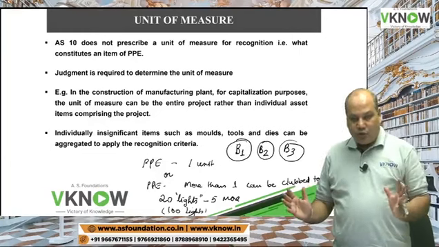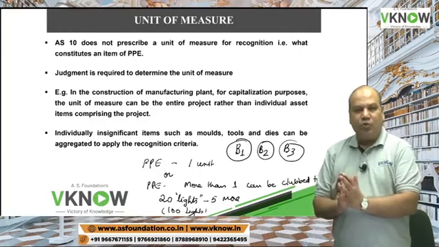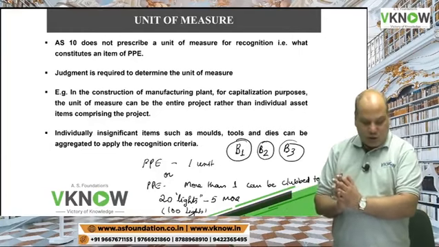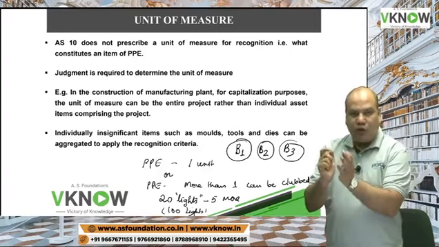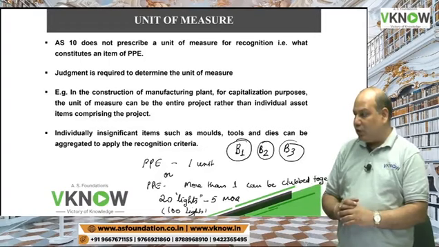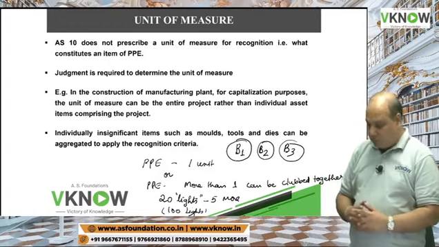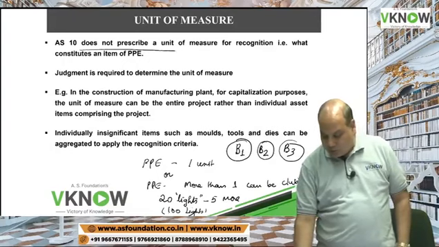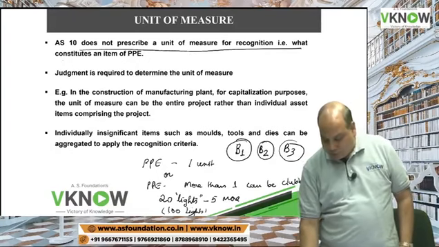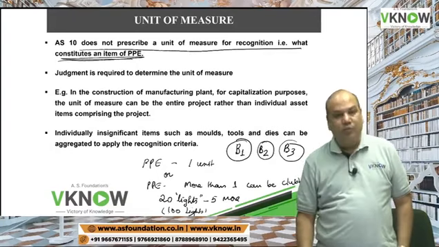Sometimes, for items which are small in value but large in quantity, we can merge them and open only one account. Is it right? So that is called unit of measure. AS 10 does not prescribe a unit of measure; that is what constitutes an item of PPE.